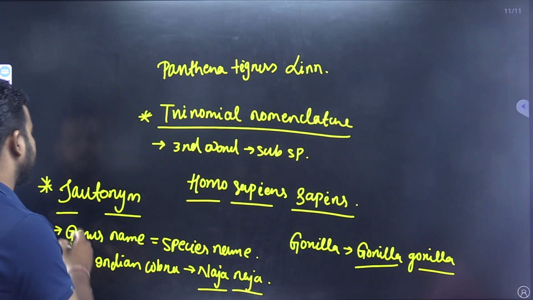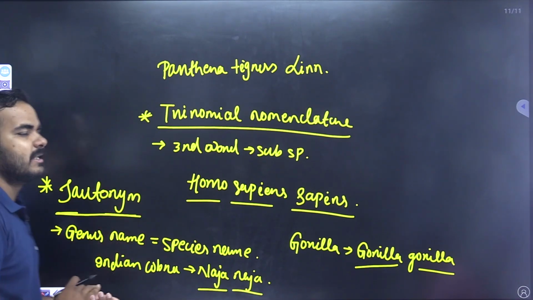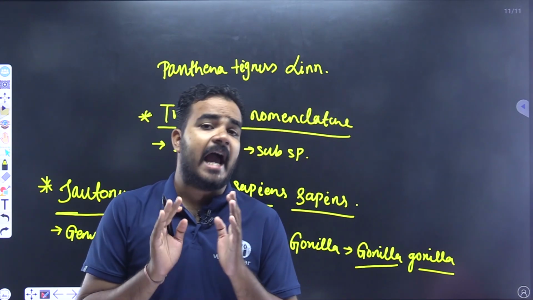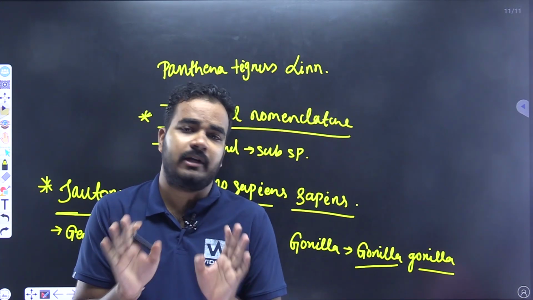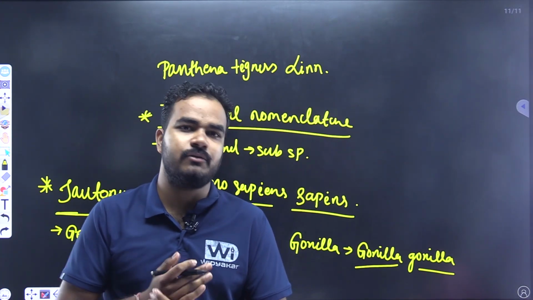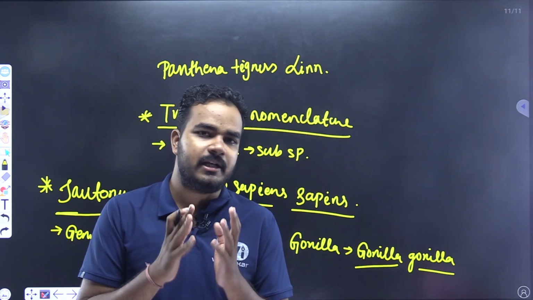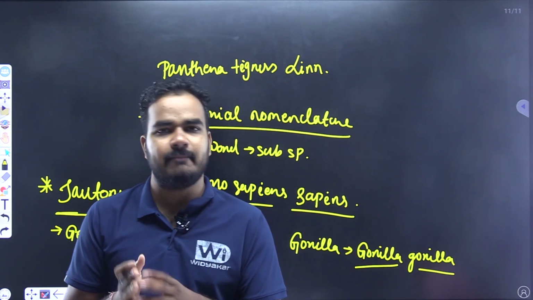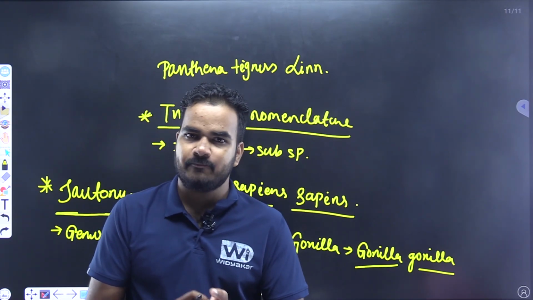And one thing to remember, a tautonym is only possible in the case of animals. There is no tautonym in the case of plants. You can't use the same word for the genus and species name of a plant. Okay, clear?